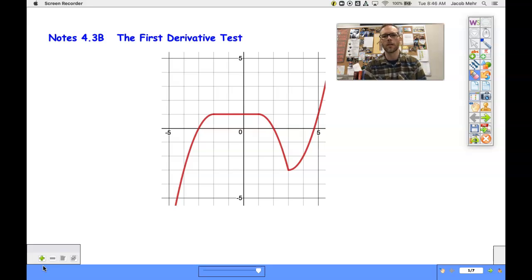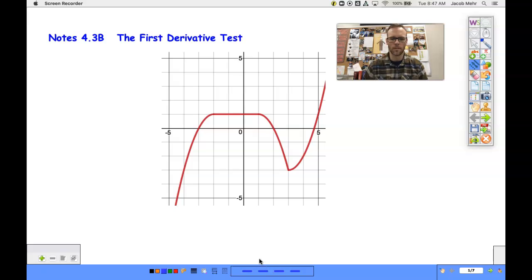But before we get to that first derivative test, let's make some observations here and we'll build up to what our first derivative test is going to tell us. So I have an interesting graph up on my screen, and when I take a look at it, I really notice that there are four distinct intervals to this graph, and let's make some observations of those.